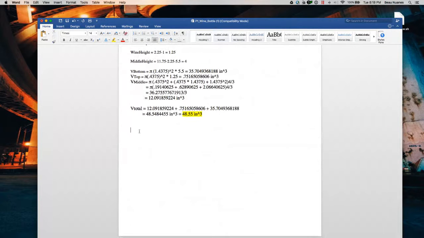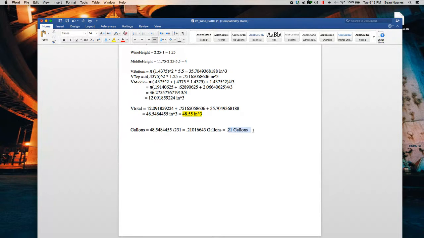So we have our result in cubic inches, so we just take that result, say gallons equals that result of cubic inches divided by 231, and that will give us 0.21016643 gallons, or just 0.21 gallons.